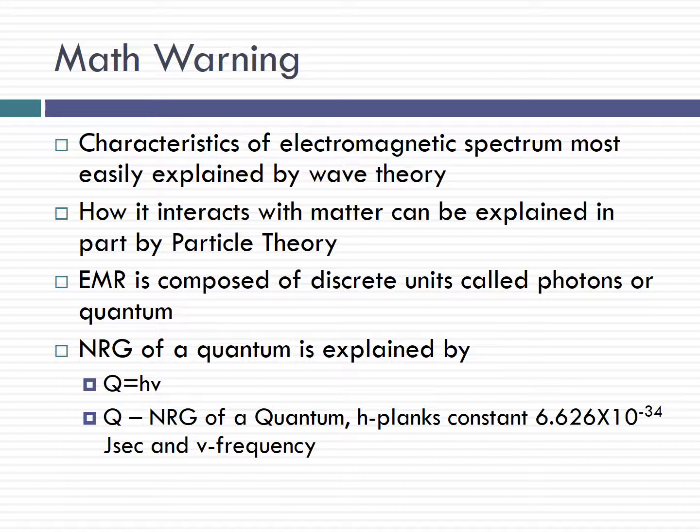The energy of a quanta is expressed by all this, and so on. Just wanted you to appreciate how complex this actually is. We're not going to go into much more detail on this, other than to know that electromagnetic energy, light, and other forms can be explained and expressed in lots of different ways.